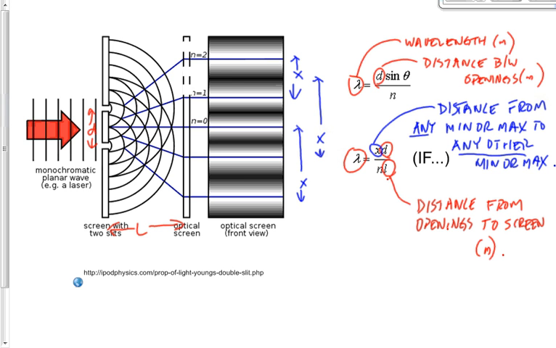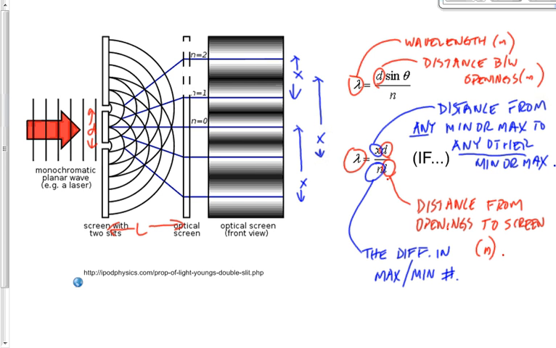N is going to be the difference in max or minimum number. It's just a number. We're going to subtract. And that number n has got to be consistent with x. And if those two are consistent, then it doesn't really matter what value of x you're using, as long as n is consistent with it.